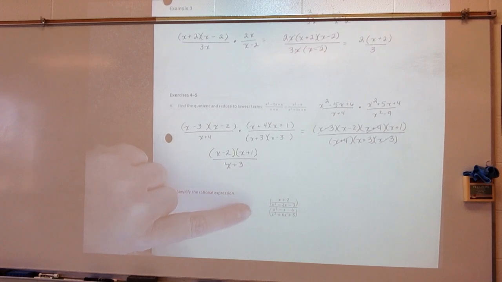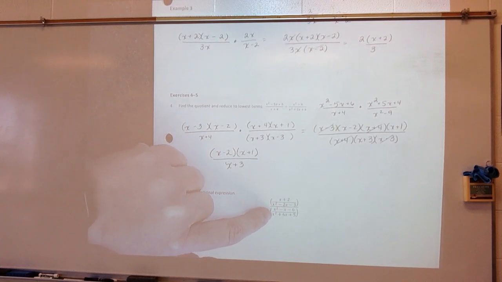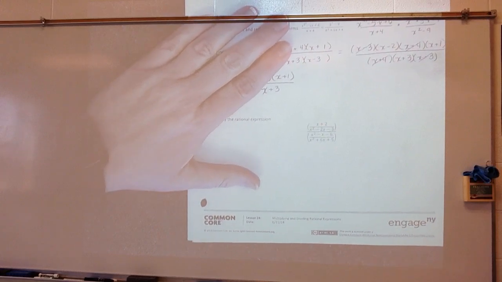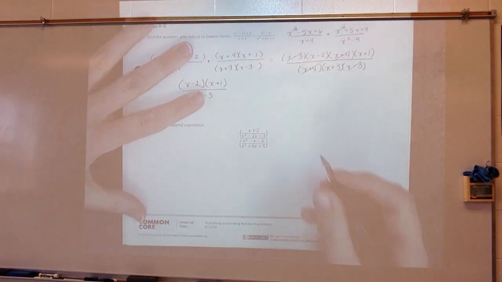Look at this, guys. This is called a complex fraction because I have a fraction as my denominator. Even though we don't really look at it as a fraction, it's a fraction as my denominator. So really, I can rewrite this as a division problem.